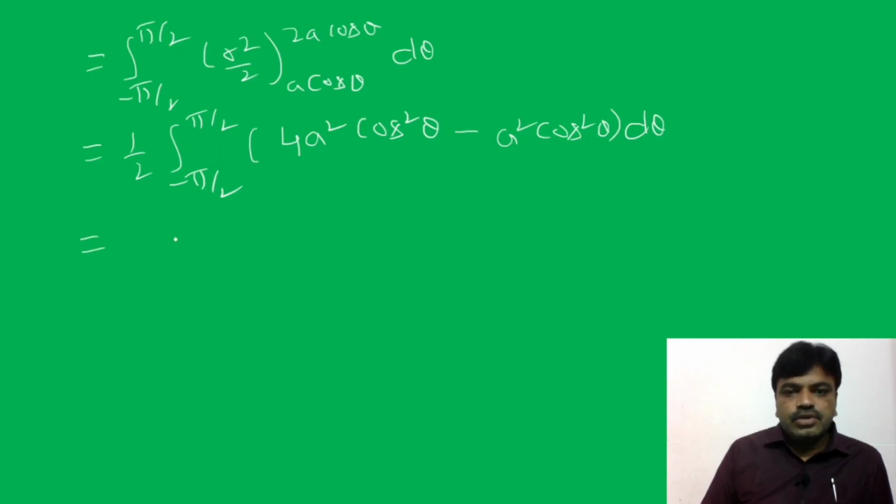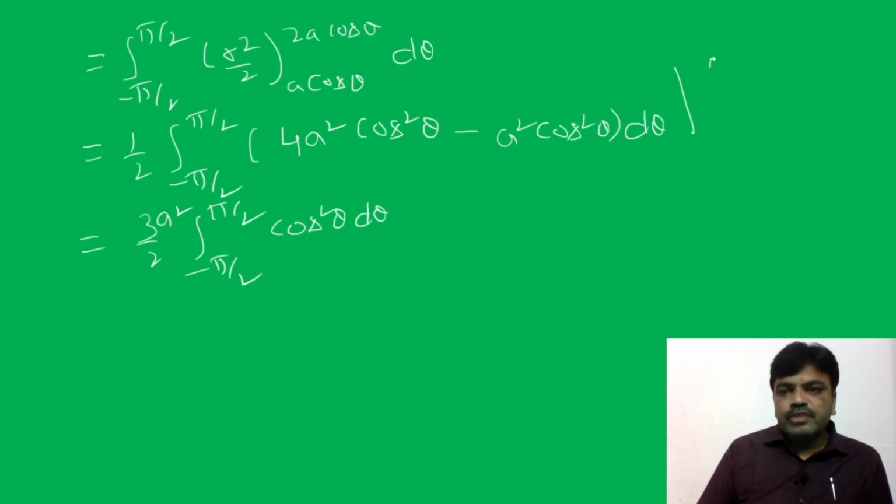That is equal to 4a square cos square theta minus a square cos square theta, 3a square cos square theta. So 3 by 2 integral from minus pi by 2 to pi by 2, taking a square common, we get cos square theta d theta.